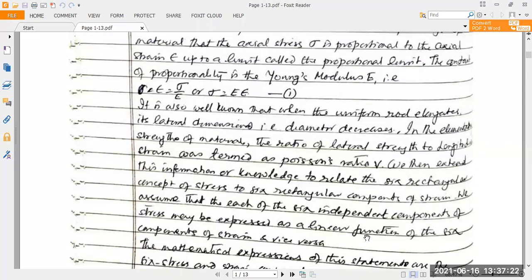And we'll assume each of these 6 independent components of stress may be expressed as a linear function of the 6 components of strain and vice versa.